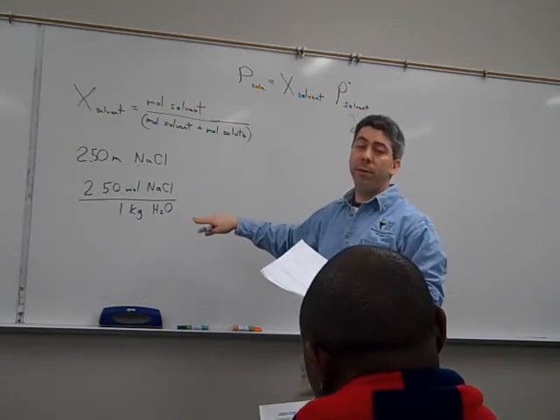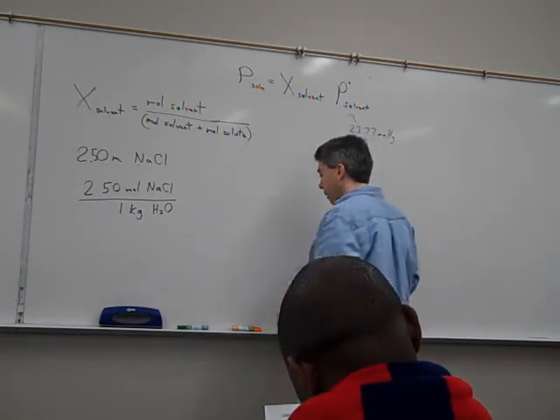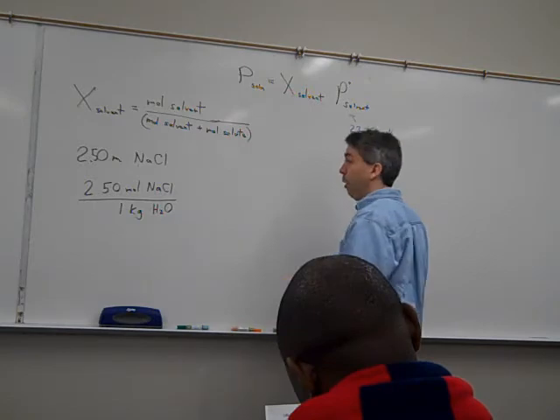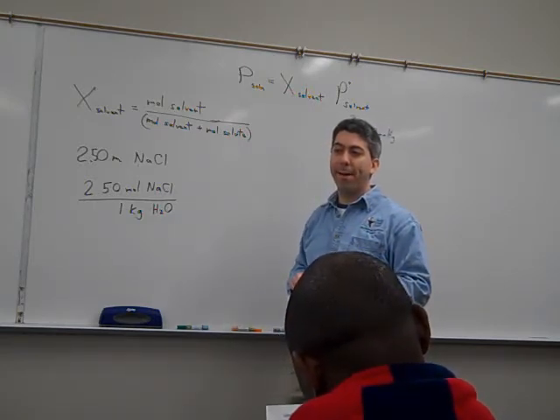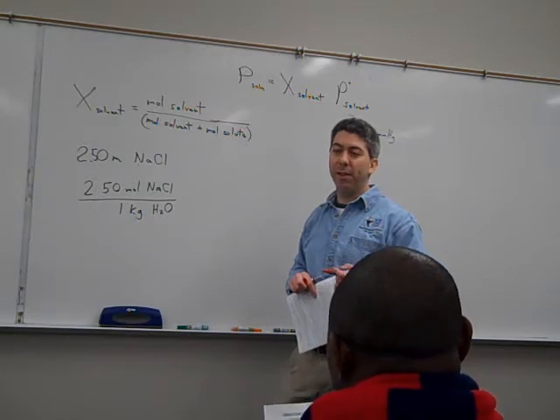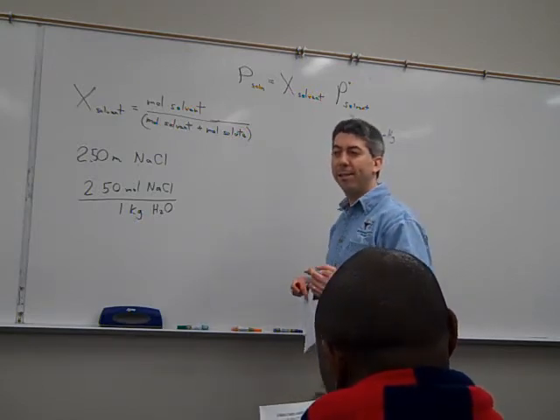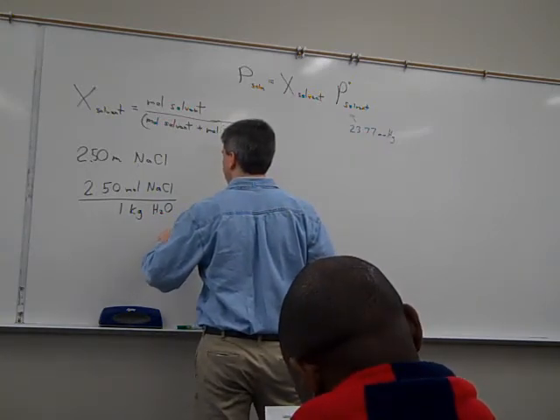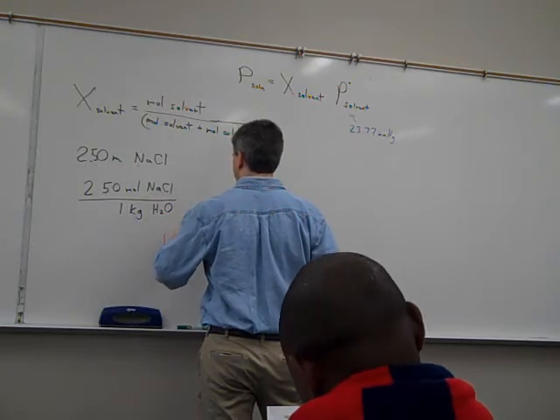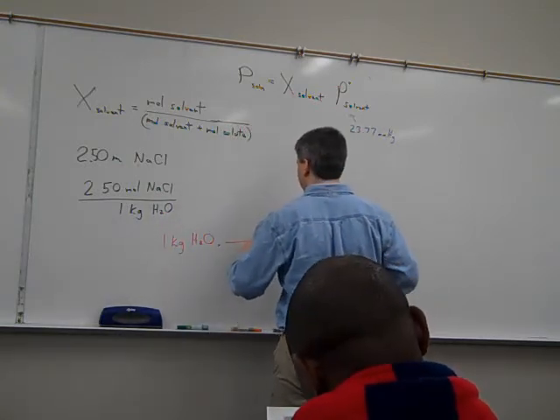But I don't know what the moles of the solvent are, right? So I've got to calculate that. How would I calculate the moles of the solvent? What do I start with? You're going to find the kilogram of solvent first. Yeah, I start with a kilogram of water. And if I want to convert it to moles, chances are I'm going to have to convert it to grams first, right?